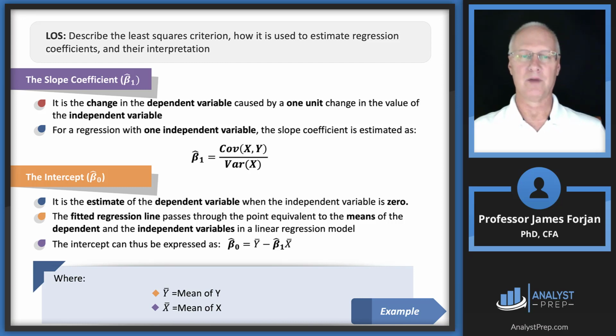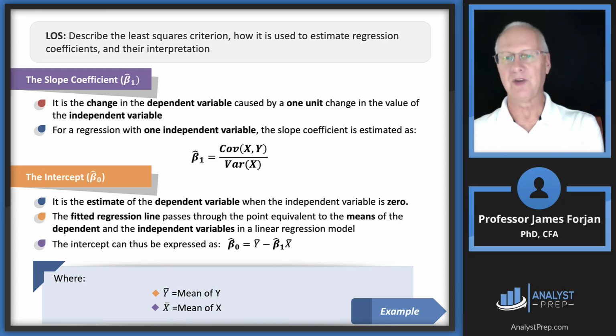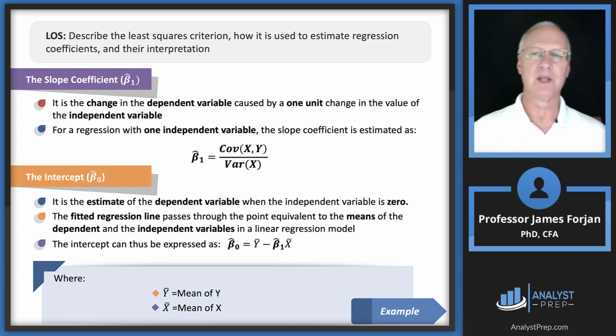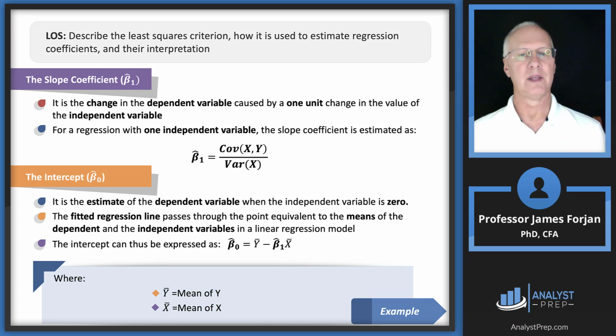So we're going to take the covariance between the two variables, one independent, one dependent, and then divide by the variance of x, and that is the slope coefficient. And of course, it measures how much of an impact a change in one of the variables is going to have on the dependent variable.